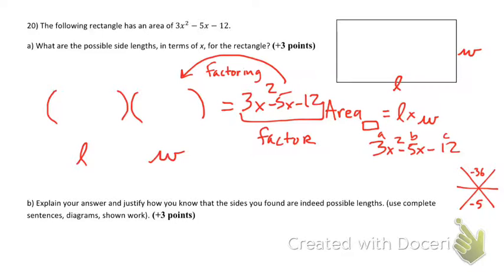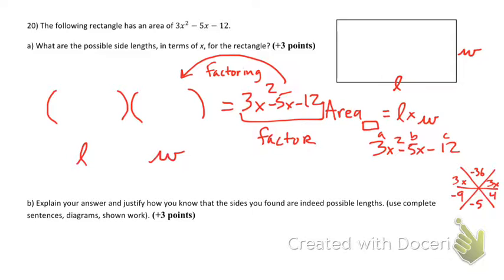Oops, I almost forgot. Before we do that, we got to put our A value in here. So our A value is 3. And we split up the x squared, now it's just x with x. Sorry about that. But now we ask a question. What multiplies to negative 36 that adds up to negative 5? If you know your multiplication tables, that's going to be negative 9 and positive 4. Negative 9 times 4, negative 36. Negative 9 plus 4, negative 5.